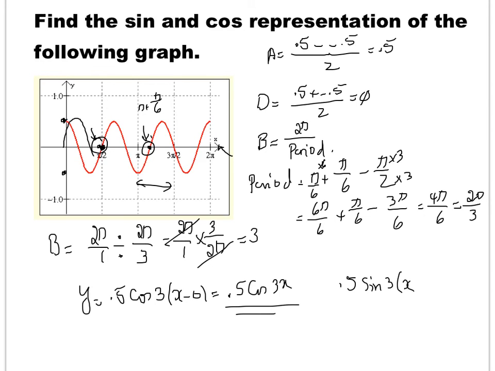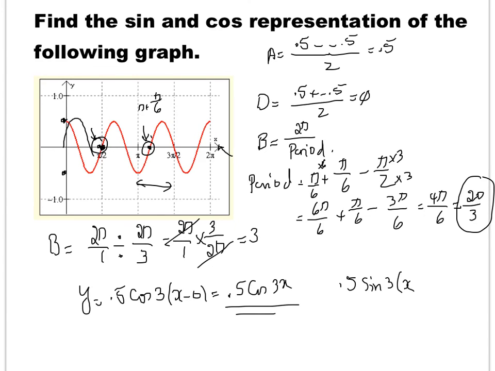Now, one thing you have to remember, in regular sine function, which goes from 0 to 360, you divide it by 4, you get 0, 90, 180, 270, and 360. In this case, your period is not 360. Your period is 2 pi over 3.